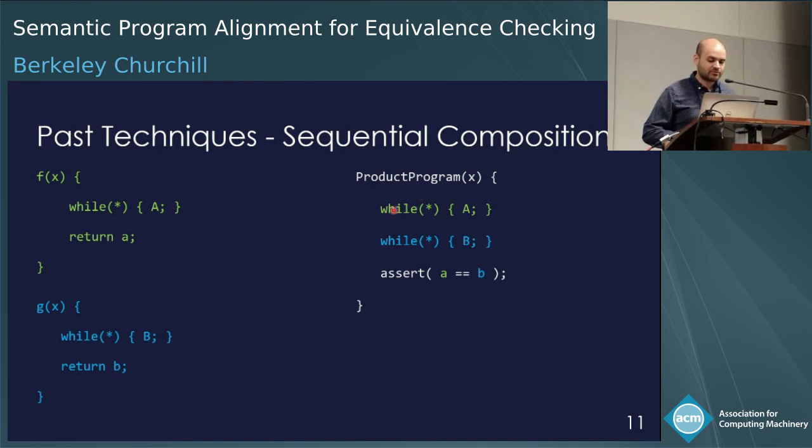You can create a product program where you simply have both of those loops one after the other, and you want to check the assertion that the two outputs are equal. But this is very hard to do because you need to either somehow summarize these two while loops, which could be very difficult, or use some other kind of general verification technique. And so this is usually not tractable.